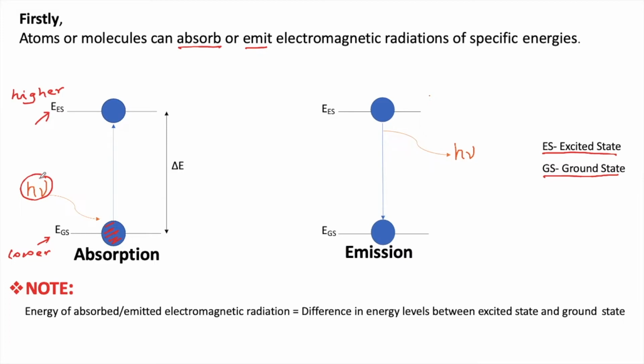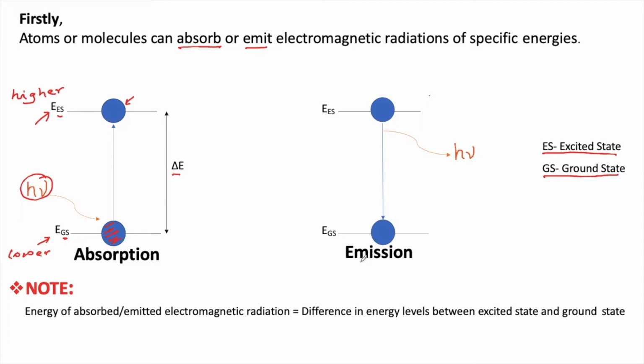It will jump to the higher energy level, or we can say the excited state energy level. As you can see, I have shown the difference in energy between the ground state and excited state by delta E.